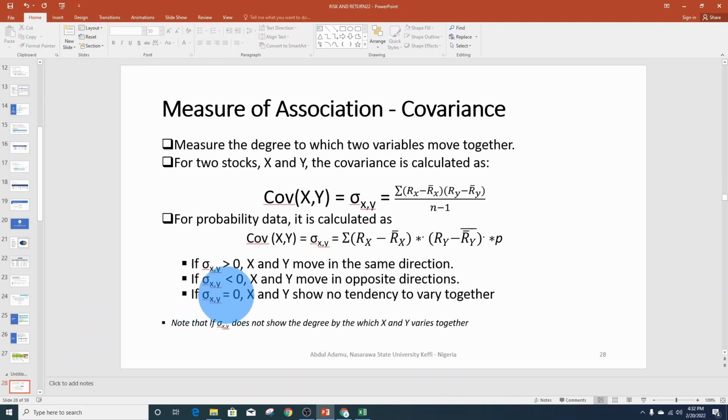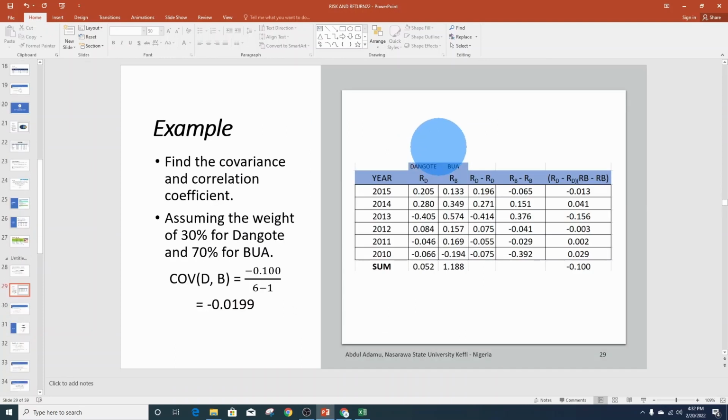If it is equal to 0, it means they show no tendency of moving together. We should note that the covariance does not show the degree to which these two variables X and Y vary together. The measure of association that shows that is the correlation coefficient.